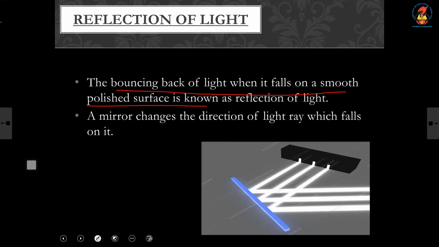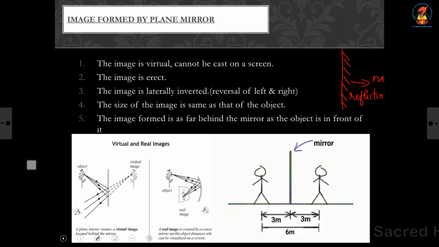This portion will not reflect the light, only this portion will reflect the light. So, if the reflecting surface is a flat one, then we call it a plane mirror.